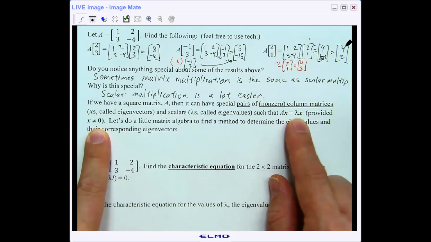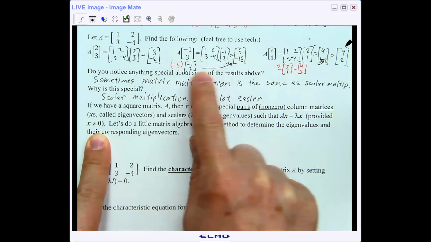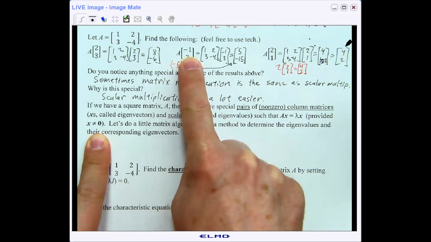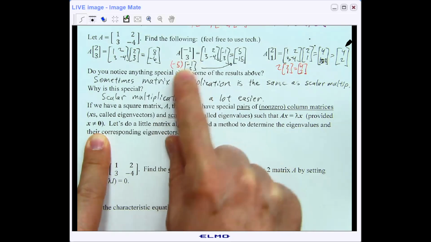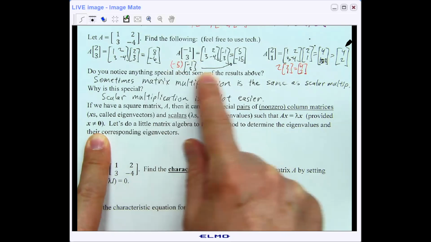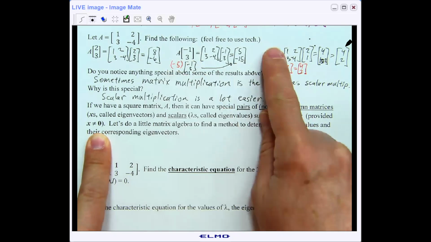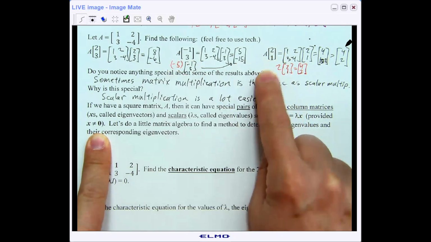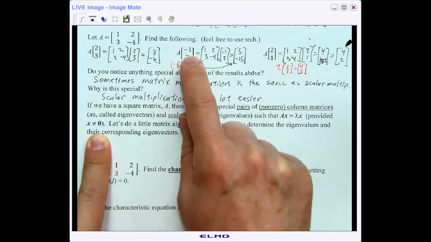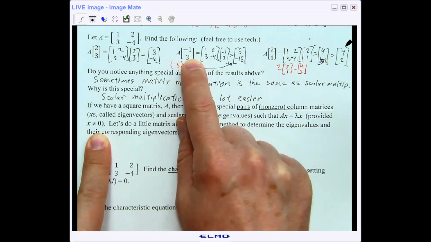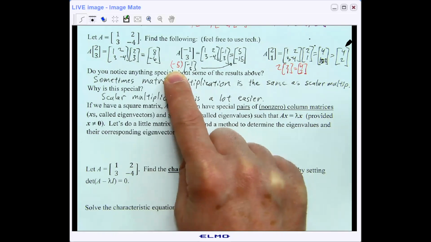But if I can find a situation where the result is a scalar multiple of what we started with, then we call this an eigenvector, and the number it gets multiplied by the corresponding eigenvalue. So 2, 1 would be an eigenvector with corresponding eigenvalue of 2. And for this matrix, -1, 3 would be an eigenvector with corresponding eigenvalue of -5.